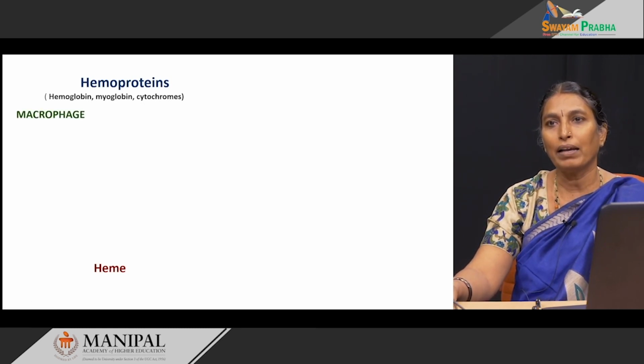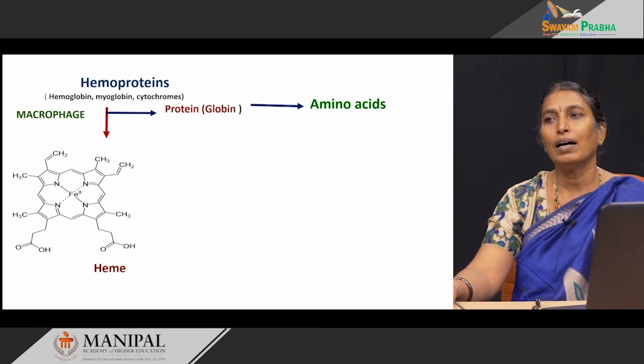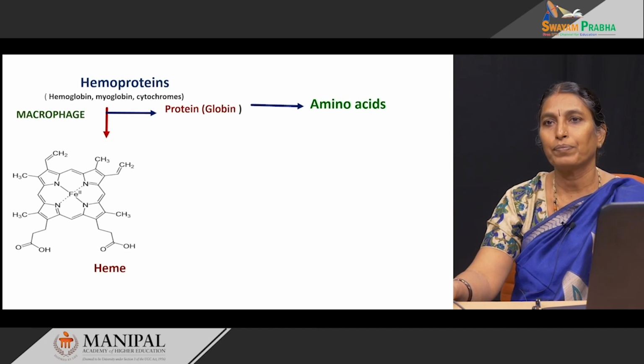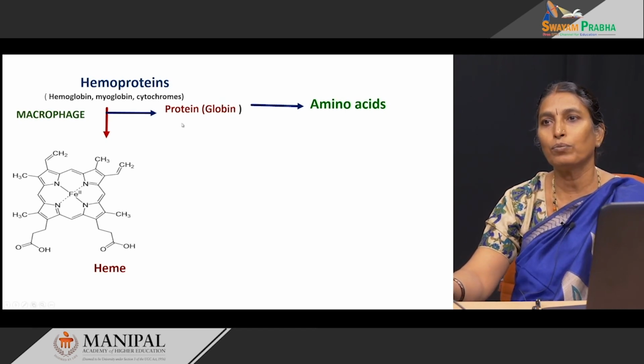When they reach macrophages, first heme is separated from the globin or protein part. This protein part undergoes degradation and gives amino acids, which enter the amino acid pool. So, macrophages first convert heme proteins into protein and heme parts.